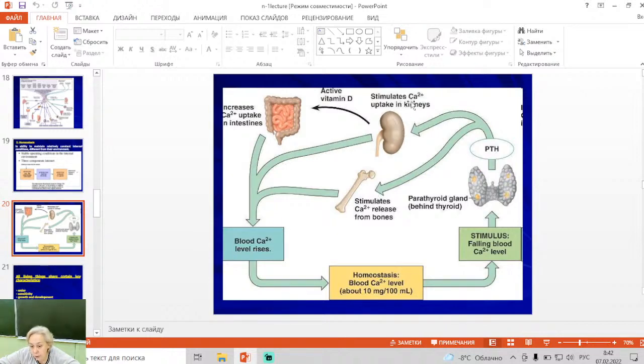You can see stimulated calcium uptake in the kidney and stimulated calcium release from bones. It increases calcium uptake in the intestine, and as a result, the blood calcium level rises. And you can see homeostasis, normal blood calcium level.